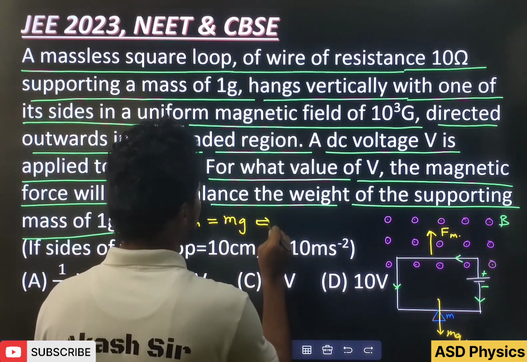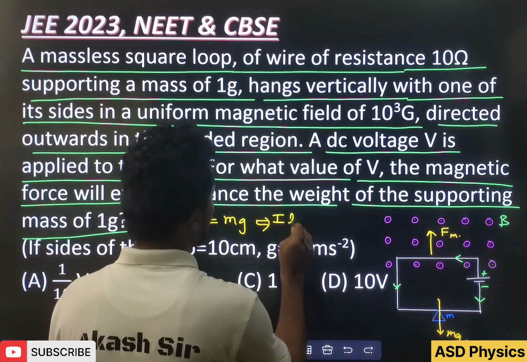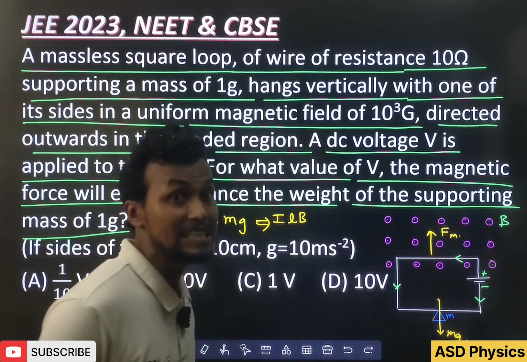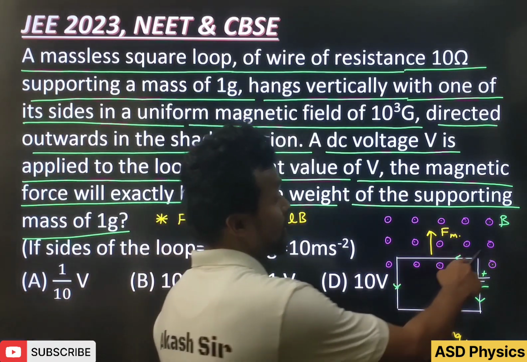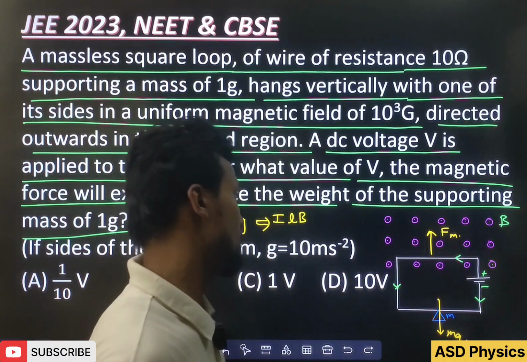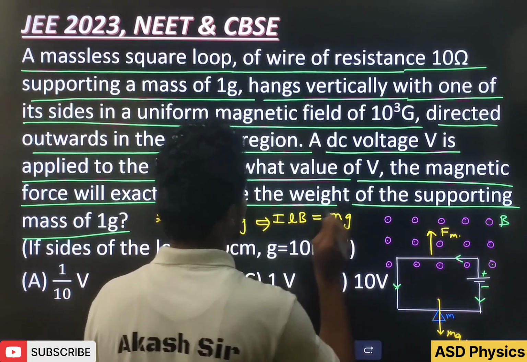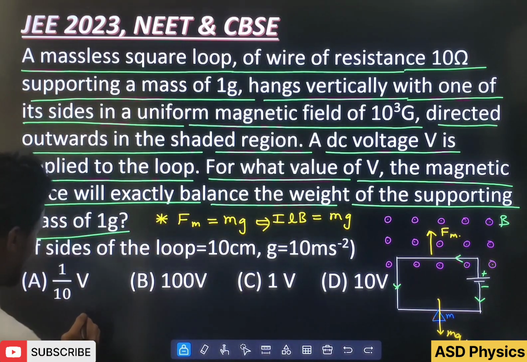Now Fm will become ILB sin 90. Why sin 90? Because the current element is along the negative x direction and the magnetic field is along the z direction, so the angle is 90 degrees. ILB sin 90 degrees is equal to mg.